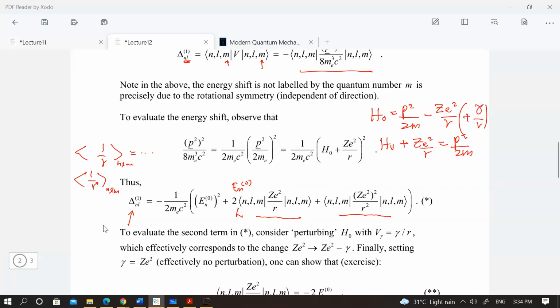If we do perturb this H naught with gamma over r, then you'll find that you're going to get the expectation value of gamma over r, using perturbation theory. When you do this, for example, you can see that this is like replacing your Z e squared with Z e squared minus gamma.